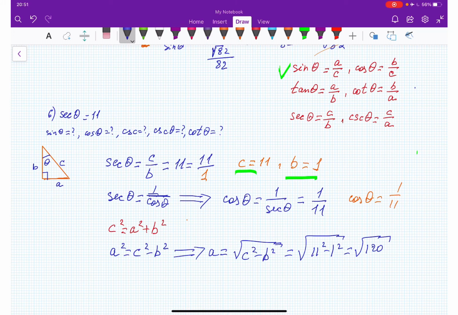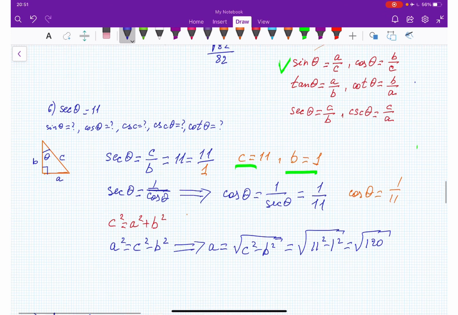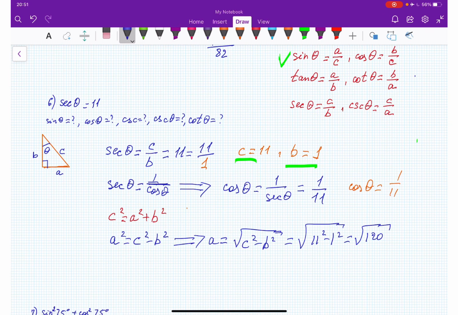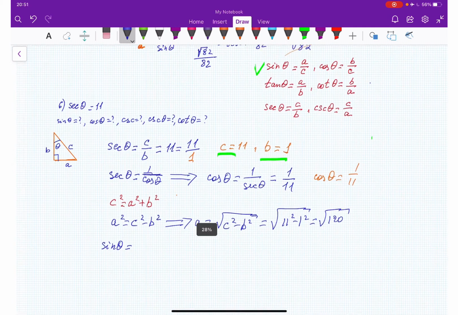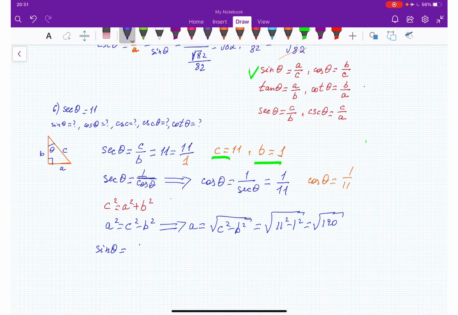Square root of 120. Okay, since it's the square root of 120, now let's get our sine theta. Sine theta is equal to A over C, right? This is going to be equal to square root of 120 over 11.